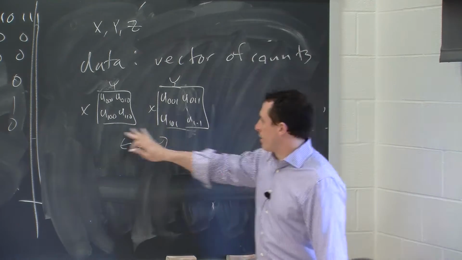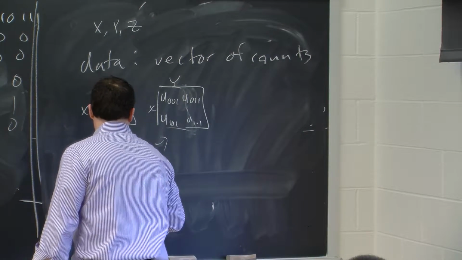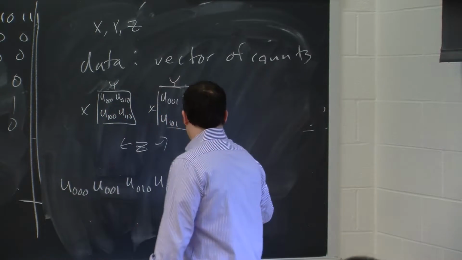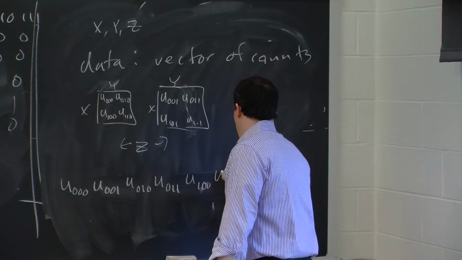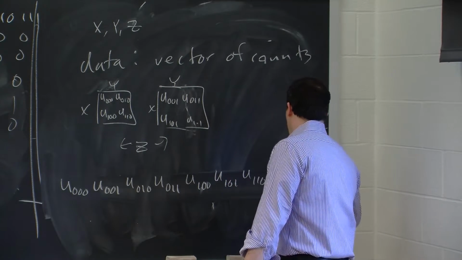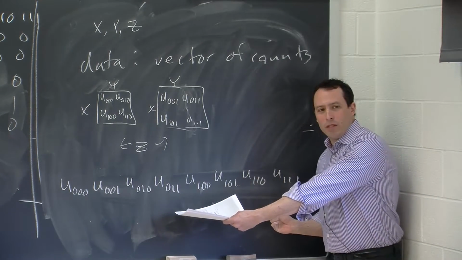I can write that u as a long vector: u 0,0,0, u 0,0,1, u 0,1,0, u 0,1,1, u 1,0,0, u 1,0,1, u 1,1,0, u 1,1,1. This is just the numbers. These are the counts that I observed from my experiment.